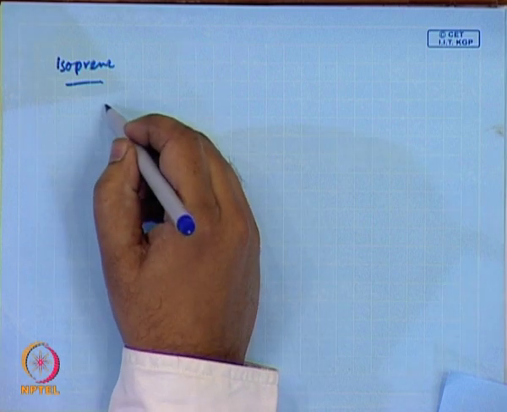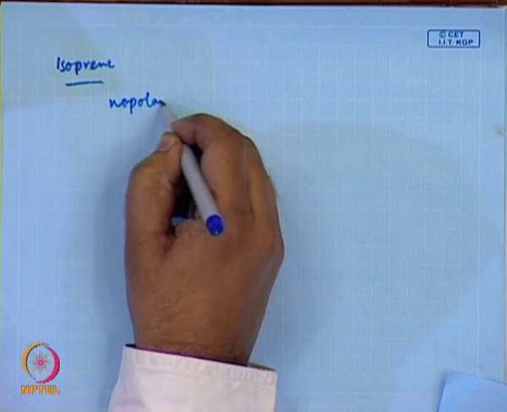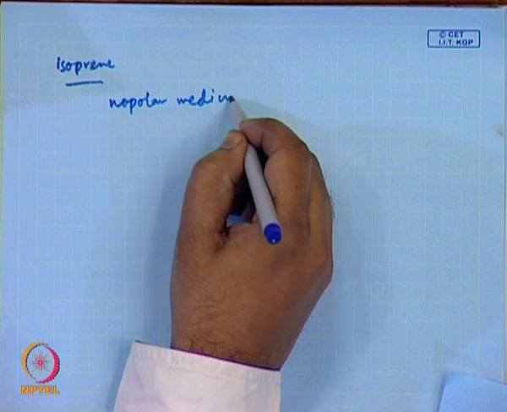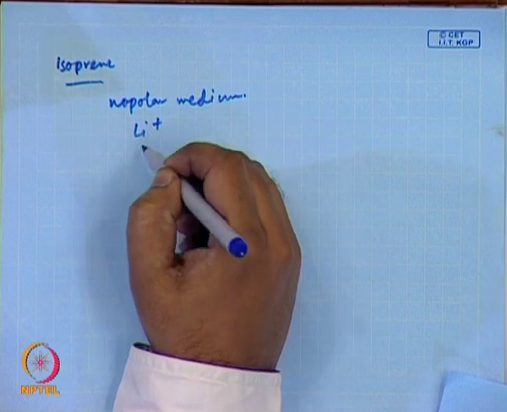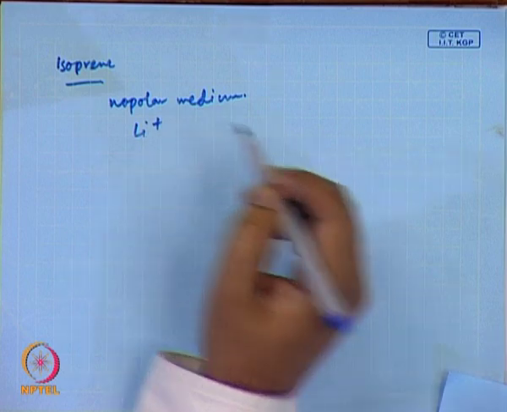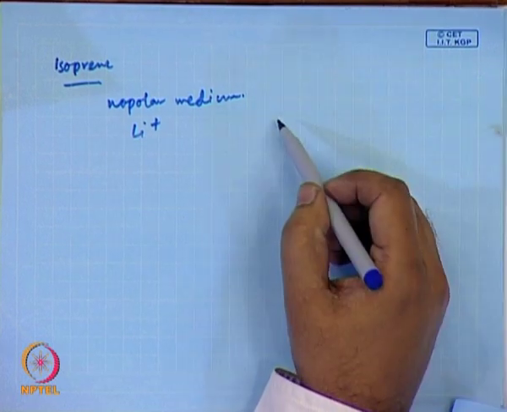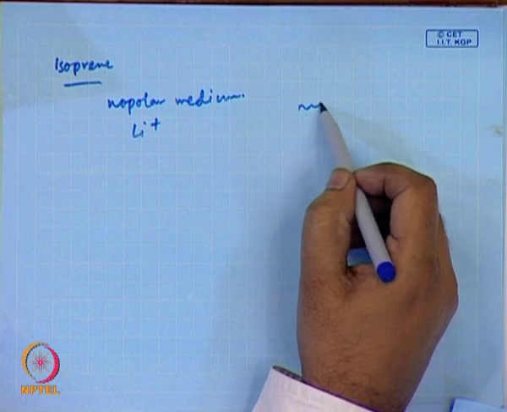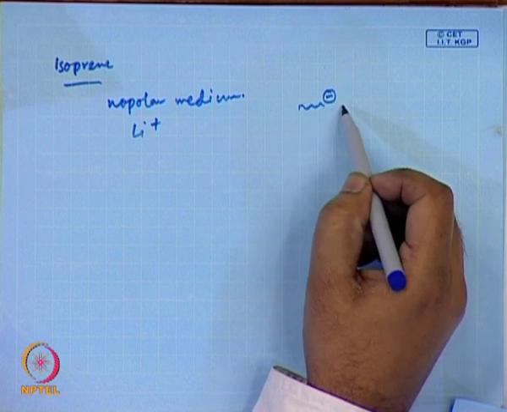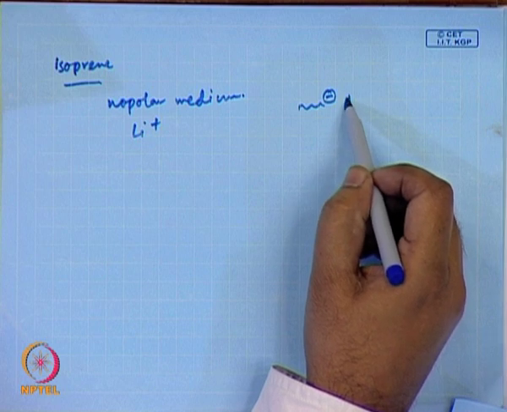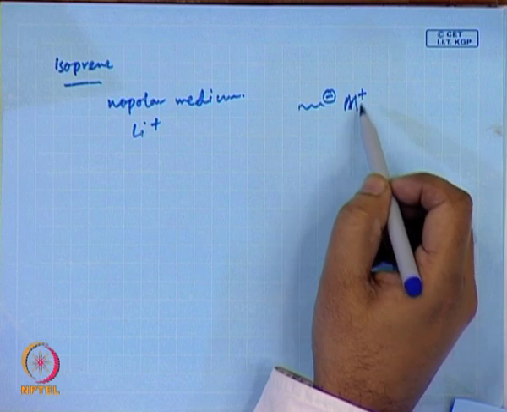If we do it in a non-polar medium and with a small counter ion, now we know from our knowledge about anionic polymerization that there is the anionic chain end and there is always a counter ion, say M plus.